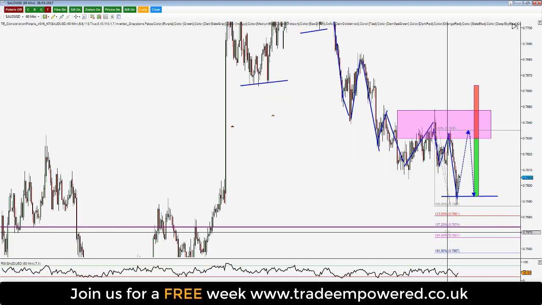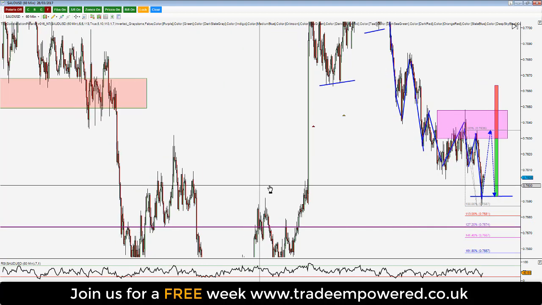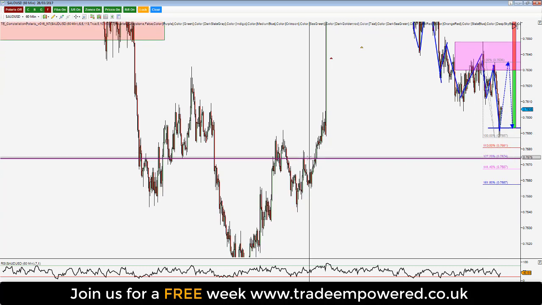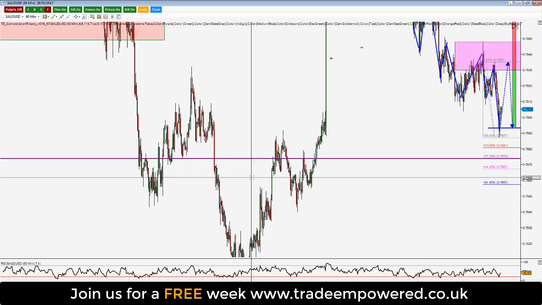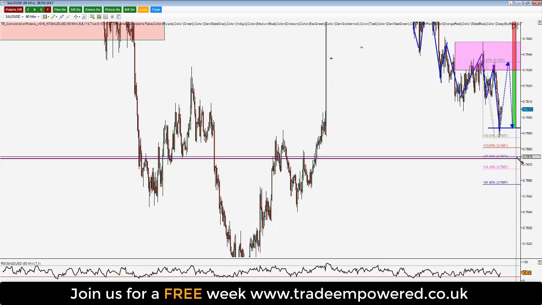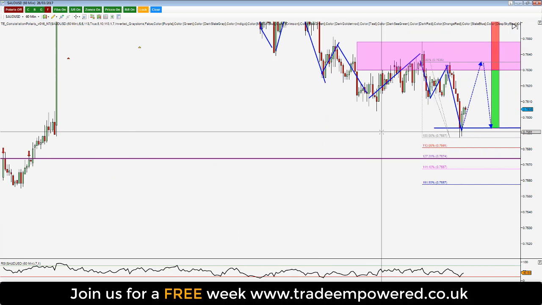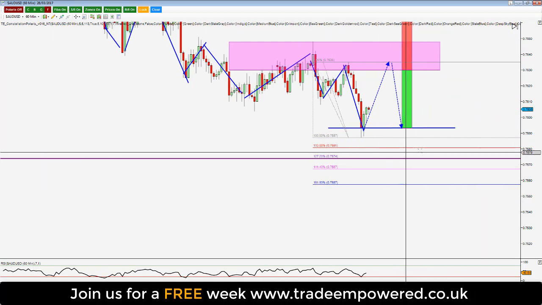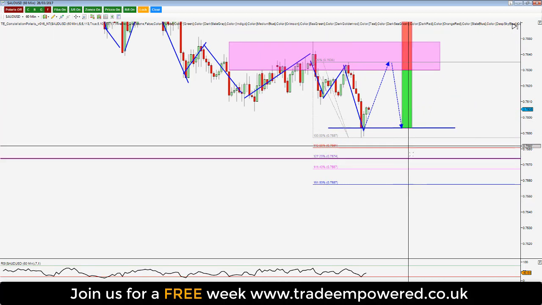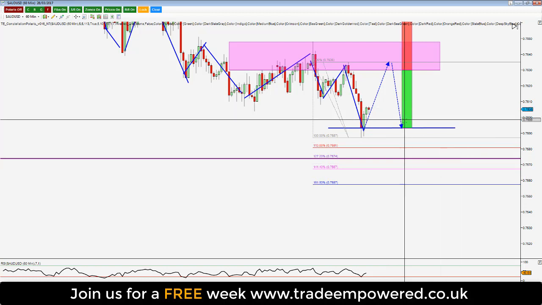Okay, for example, and you might bring on that 127 extension, eyeball it with previous structure and say, do you know what, every time this 127 level is tested down here at 75.75, this is respected over and over and over again. This is a level that I'd like to take my initial targets at, because I don't expect to move beyond that point before I start to take profits.